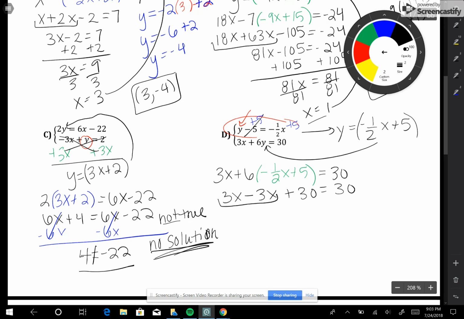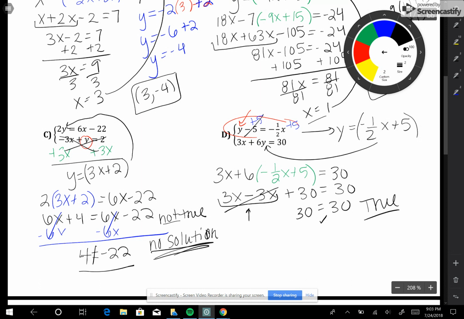I have 3x minus 3x, and that cancels out, and what I'm left with is 30 equals 30. So a similar thing happens here. I lose my variable. But a different thing is that 30 does equal 30. That is a true statement.